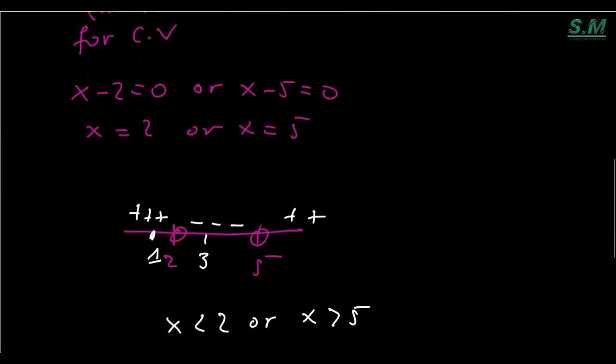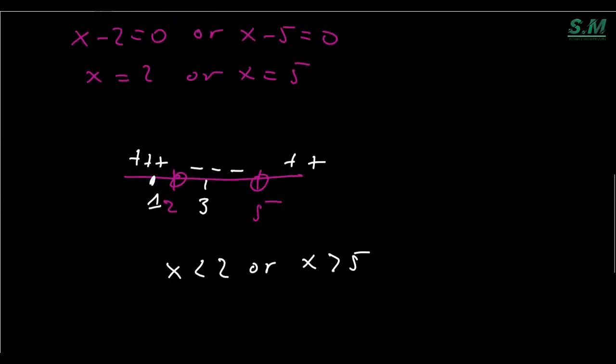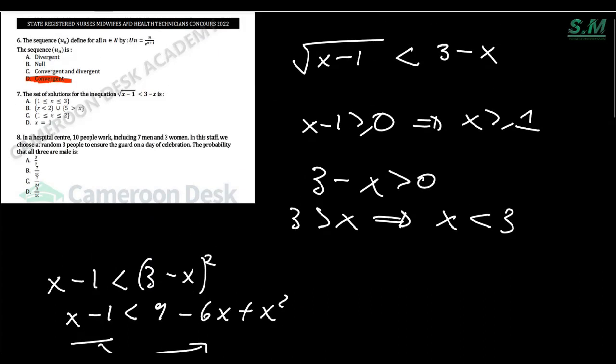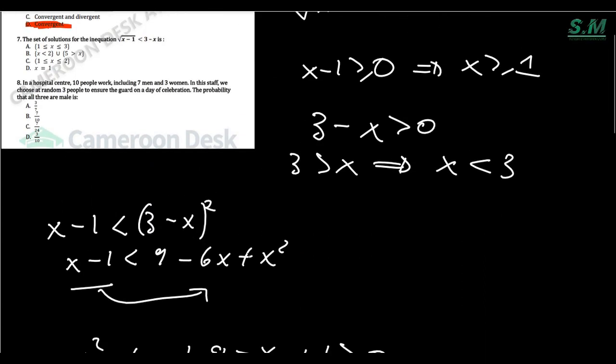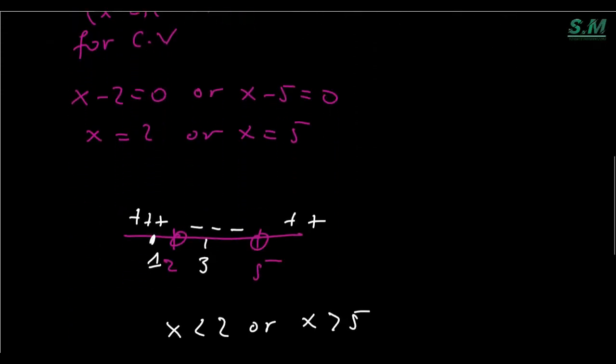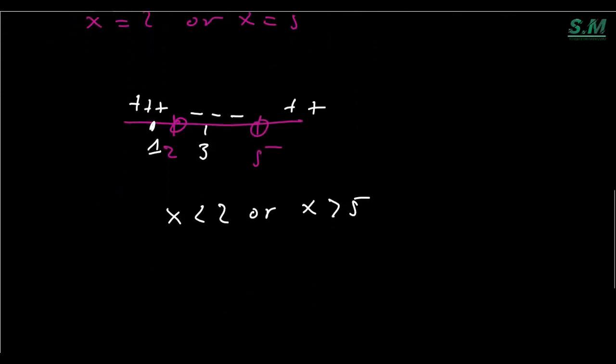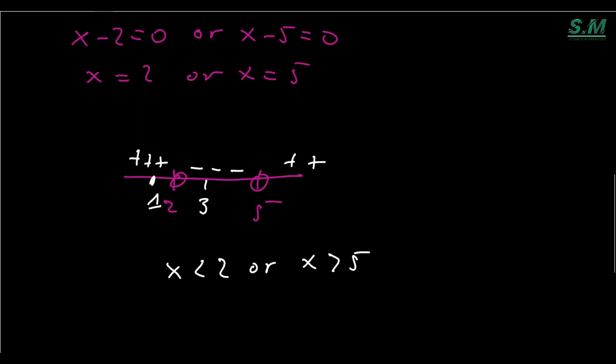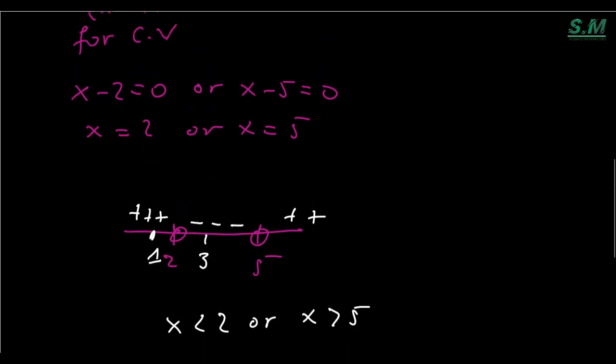So what we are going to have then is the range x greater than or equal to 1 and x strictly less than 3. So it means that we can now look for the possible regions where we can have the values of x for which these inequalities will be defined.